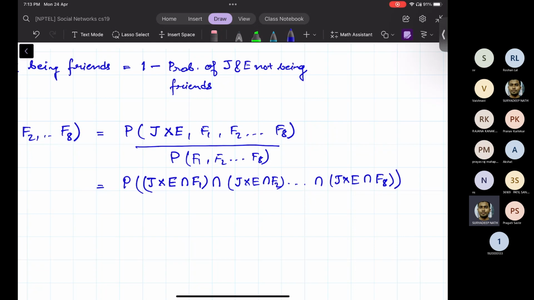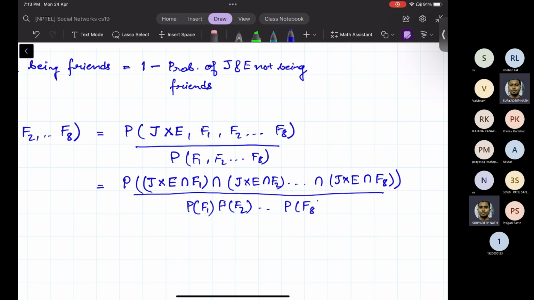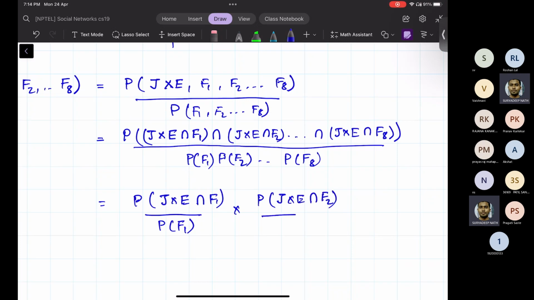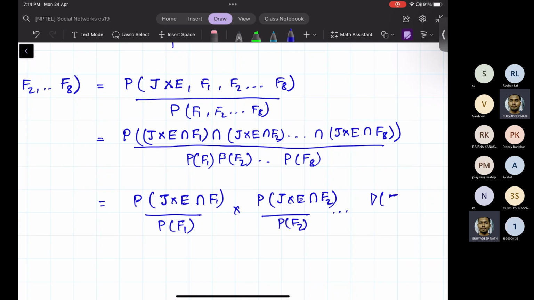And the denominator can be broken down by independent events. So what you get is basically the probability of J and E not being friends and being friends with F1 over the probability of being friends with F1, into J and E not being friends and being friends with F2 over the probability of them being friends with F2, until F8.